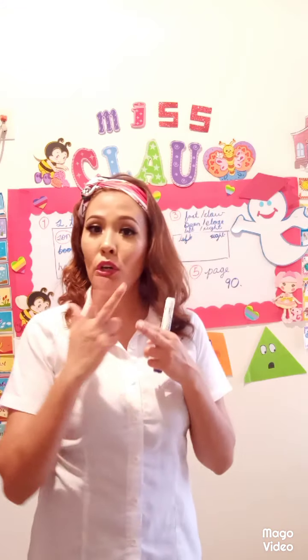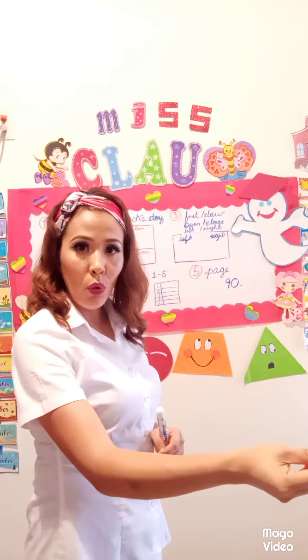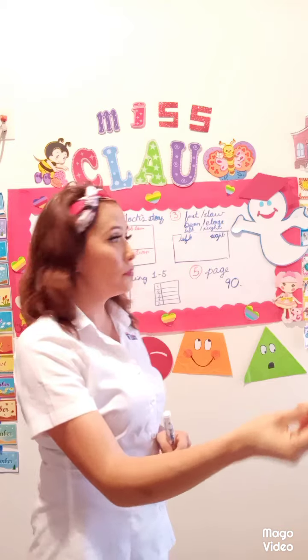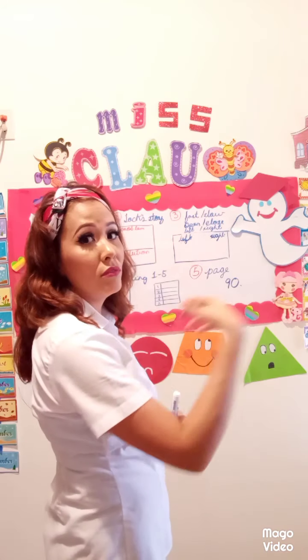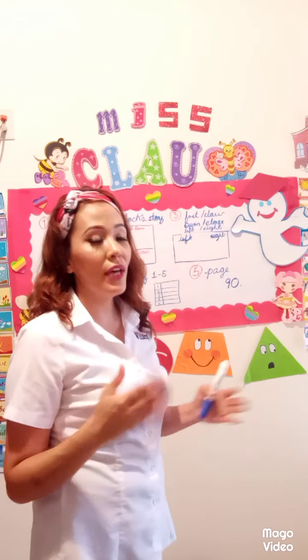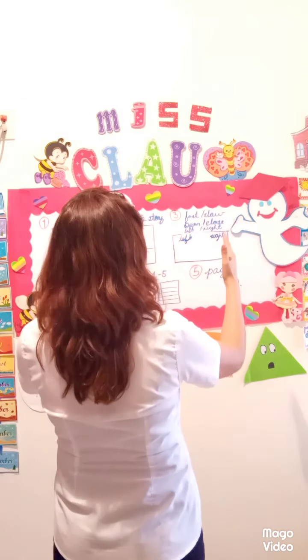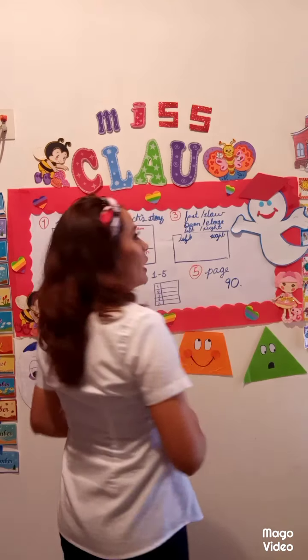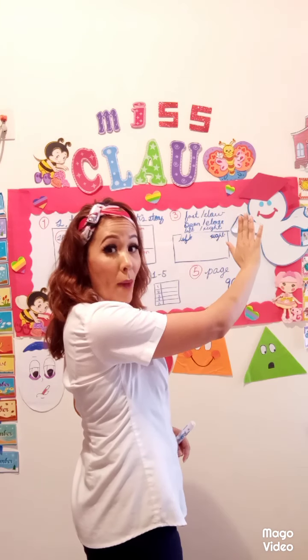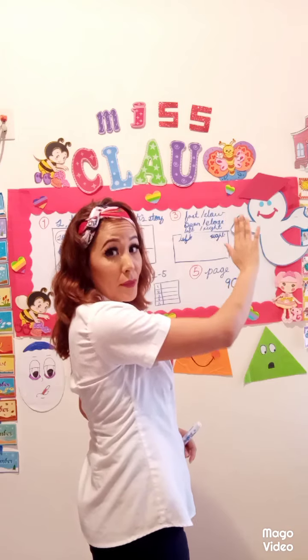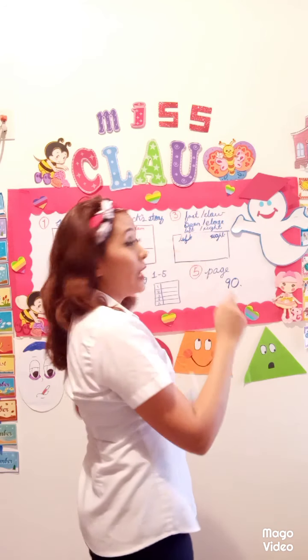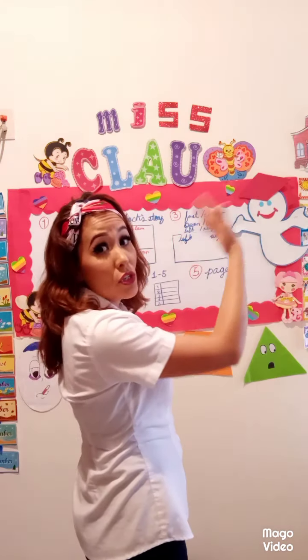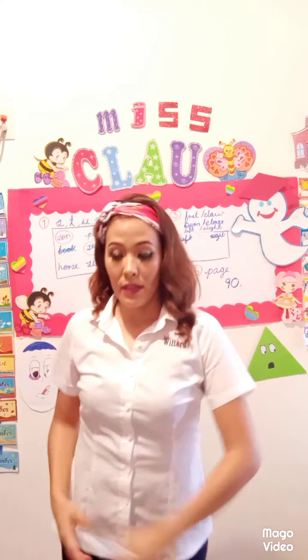For example, if they cut an apple, a beautiful red apple, you have to tell them, okay, glue the red apple on the right side, right. So they have to identify in their worksheet where is the right and where is the left, and glue the item where you command. And you have to practice with each command, okay?